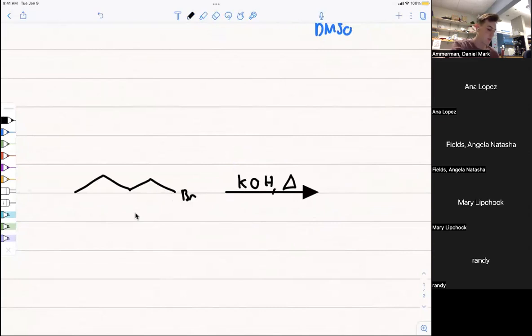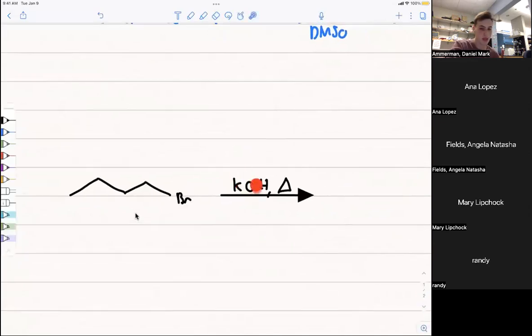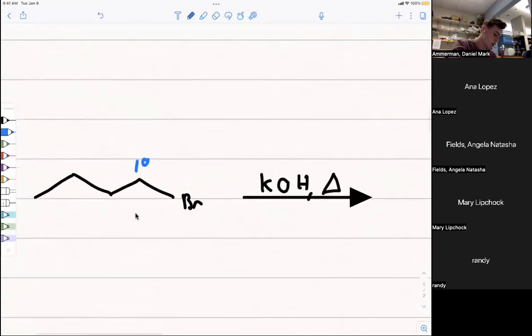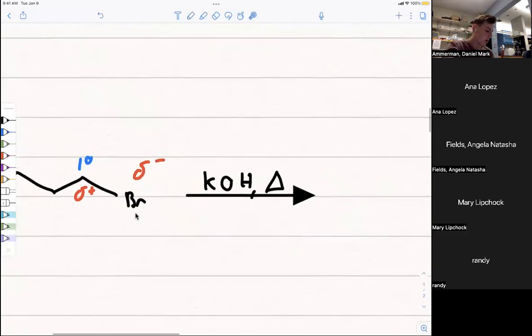We know it's a strong base, so that's a strong anion, meaning that we're going to be doing E2. This is a primary leaving group, and it's a pretty good leaving group, Br. It is electron rich over here, because it's very electronegative, and this carbon is electron poor in turn, because the electrons are being pulled from here in this direction.